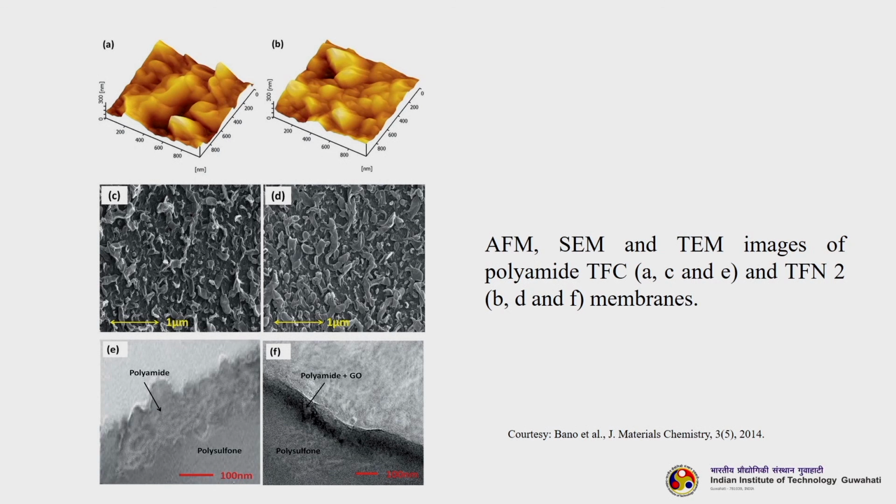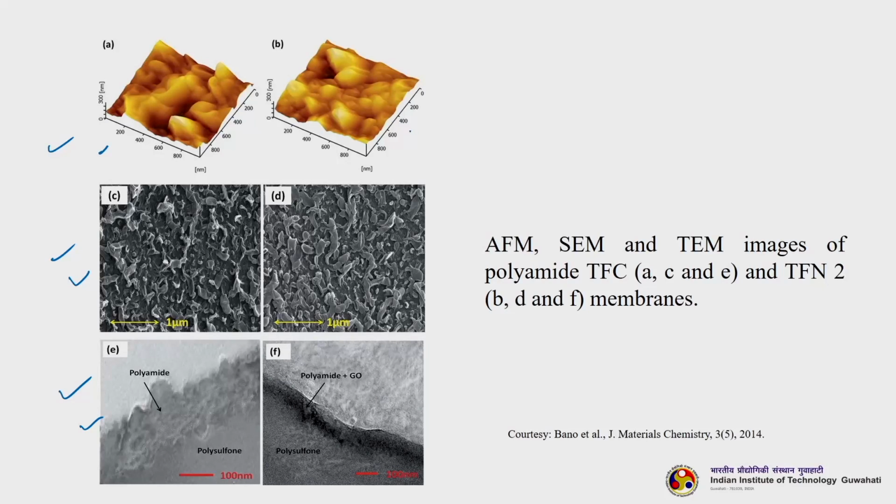So, students, please have a look at this interesting figure. In this single figure, you can see there are 6 distinct images, 3 each. The first 3, A, C and E, correspond to the AFM, the scanning electron microscope, and the TEM images of a TFC, a thin film composite membrane.